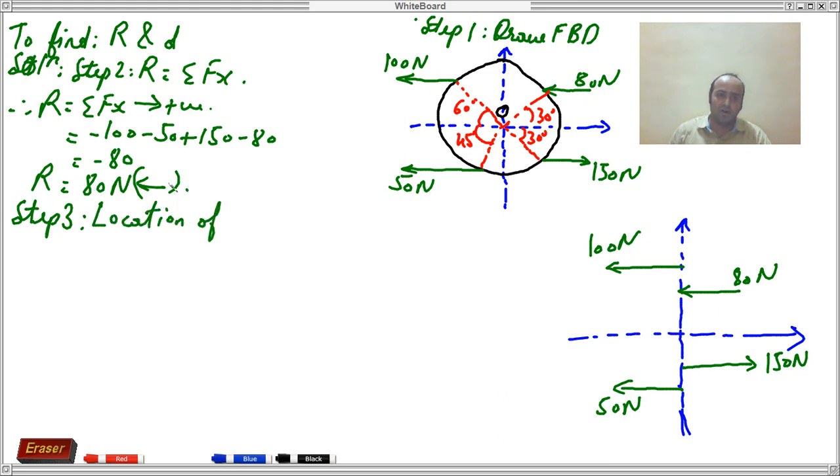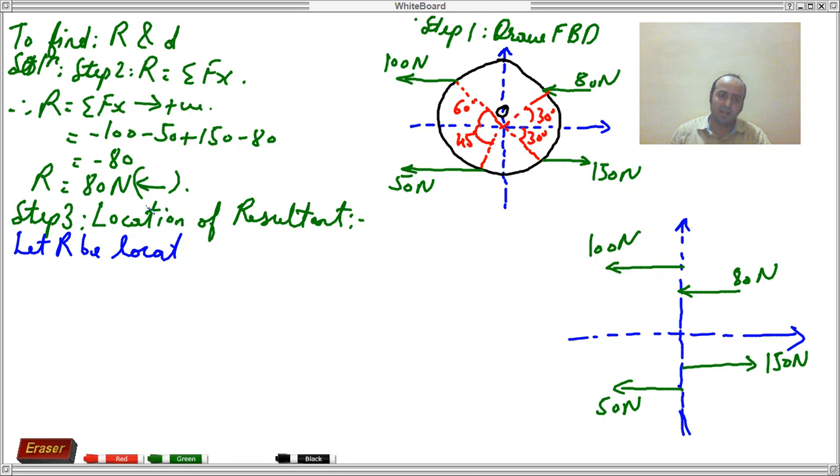Location of R. So I'll be taking now, let R be located at a perpendicular distance small d above O. Since it's a horizontal force, we got the value of R as this.